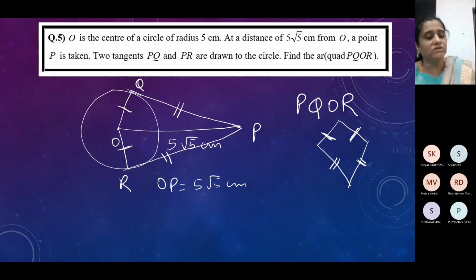It's a kite because OQ is equal to OR, the radius, and PQ is equal to PR, since tangents from an external point to the circle are equal. We need to find the area of the kite PQOR.